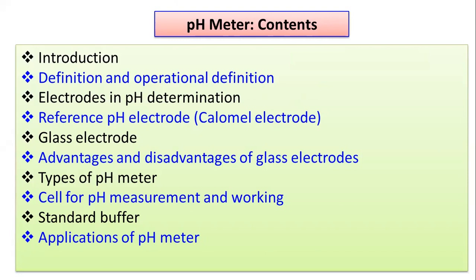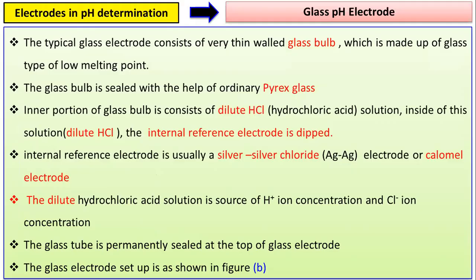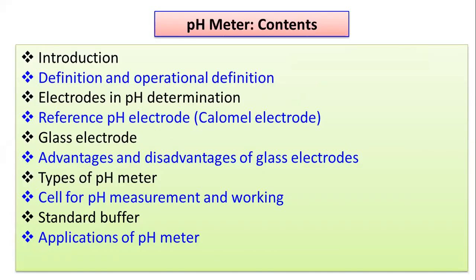In the last session, we have discussed the reference electrode or reference pH electrode, that is also called the calomel electrode. So we discussed some important topics related to the calomel electrode.